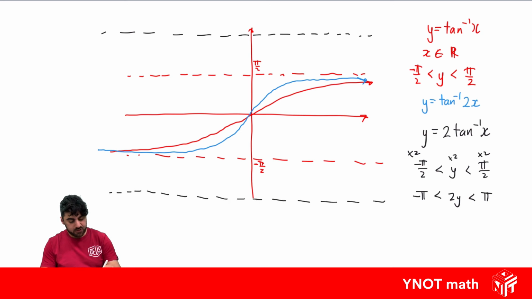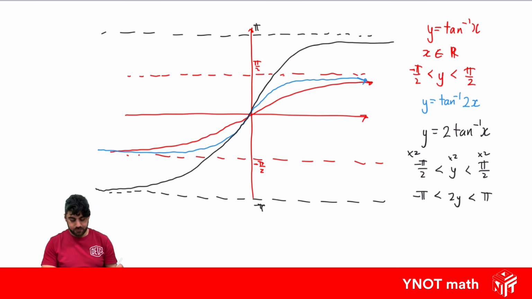And y equals 2 times the inverse tan of x is going to look something like this.